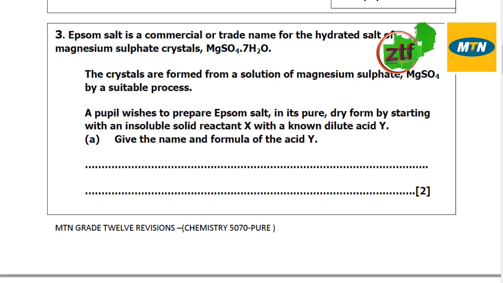The crystals are formed from a solution of magnesium sulfate by a suitable process. A pupil wishes to prepare Epsom salt in its pure dry form by starting with an insoluble solid reactant X with a non-dilute acid Y. Give the name and formula of acid Y.